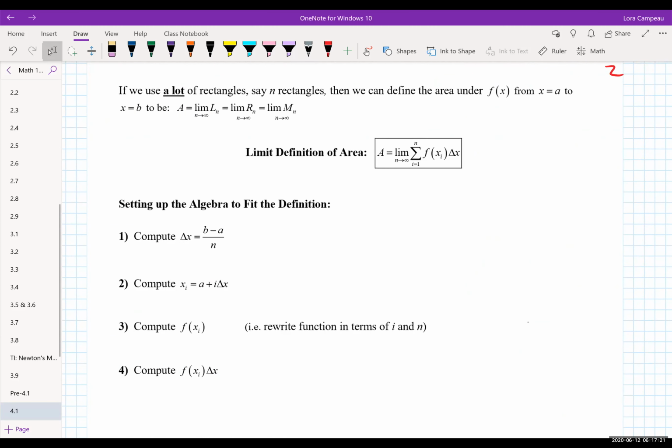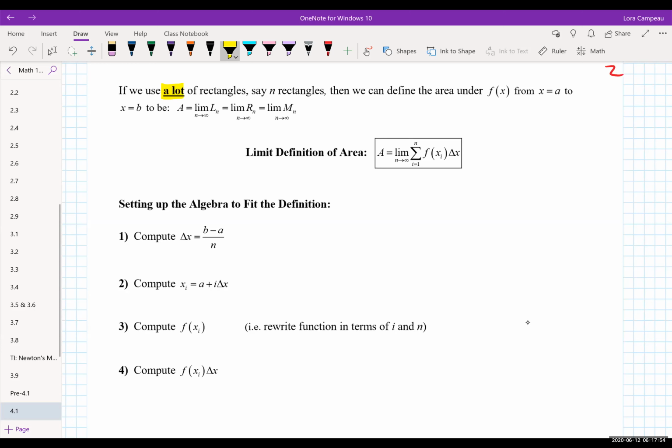But the idea behind this, and this is what I mean by a lot of rectangles, emphasize, a lot. You can actually define the area under the curve to be a limit as n approaches infinity. That's what they mean by a lot, an infinite number of rectangles. You're slicing up the curve in such thin slices that all of those heights end up falling under the curve.